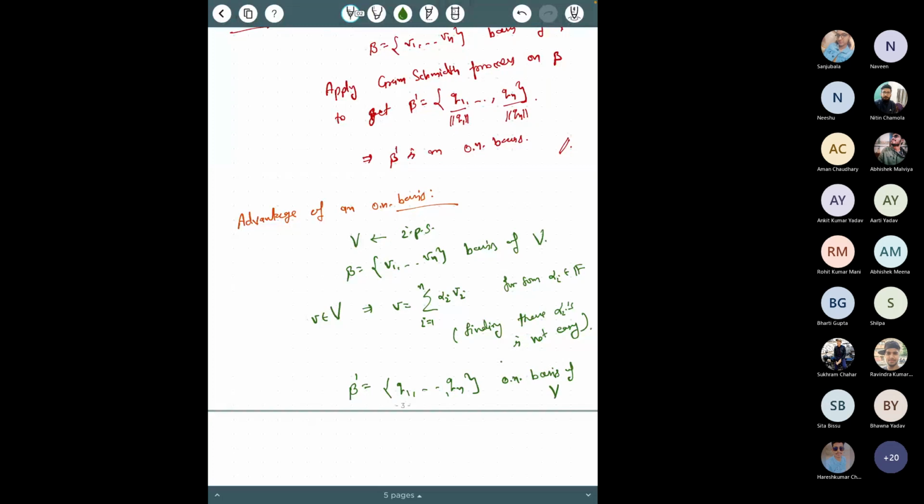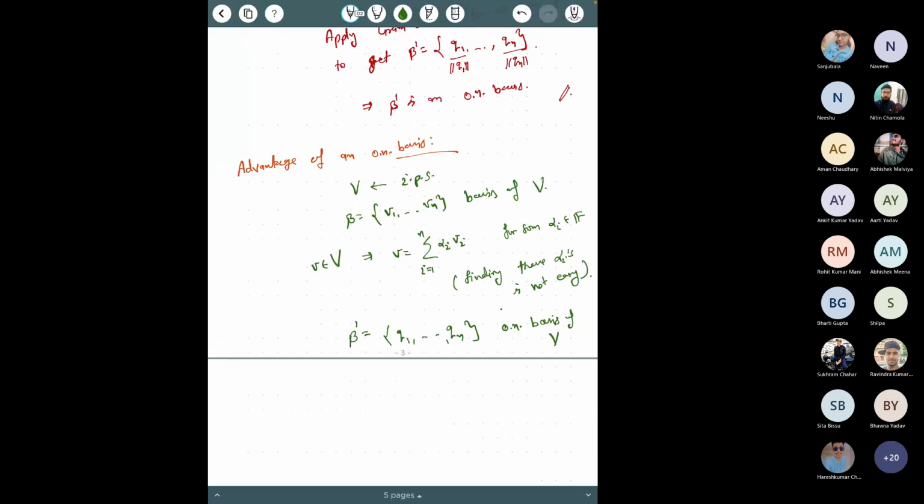Now it's an orthonormal basis, that means a basis which is an orthonormal set. Since it's a basis, the same way, if I take any vector v, then I can write v as a linear combination of these basis vectors, say sum of beta_i q_i. These beta_i's are the coordinates when you write v as a linear combination of q_1 to q_n, for some beta_i in the field.